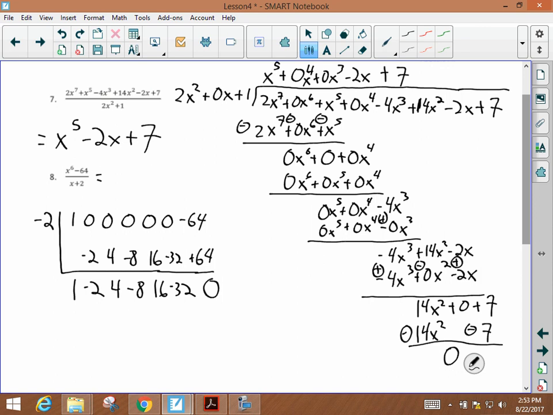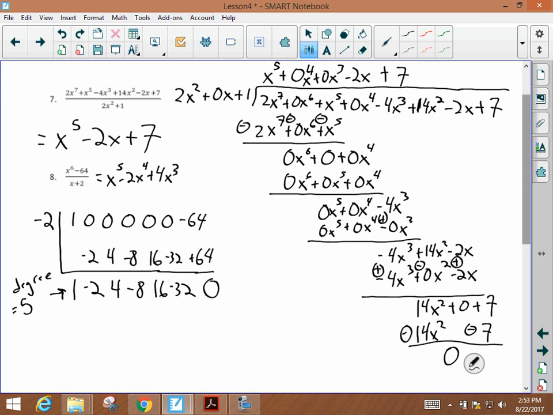So then what that says is that this is equivalent to, and remember, right? The highest degree of my numerator was x to the 6th, which means that this degree must be 5. So I'll start with x to the 5th minus 2x to the 4th plus 4x to the 3rd.